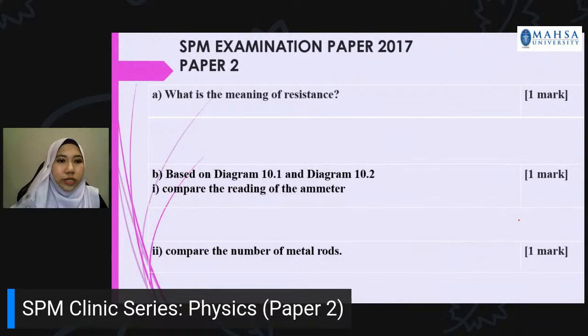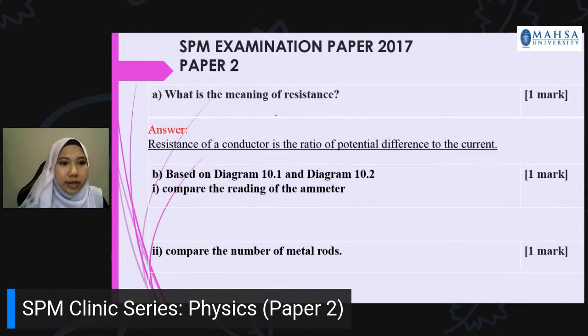First question here: what is the meaning of resistance? Basically, resistance measures how difficult it is for the current to flow through a material. The answer here is the resistance of the conductor, the metal rod. The resistance of the conductor is the ratio of the potential difference to the current.